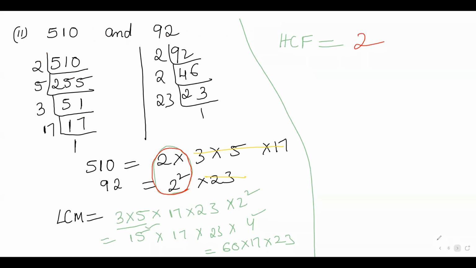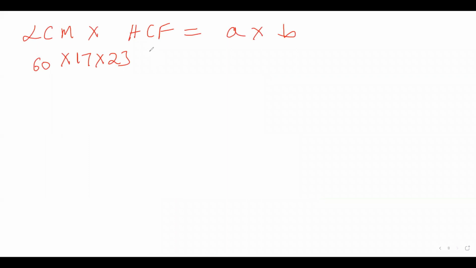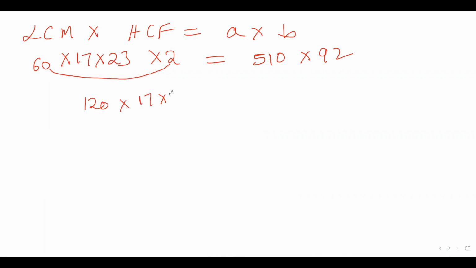And HCF is 2, numbers are 5, 10 and 92. So I can write 2 into 60 as 120. 17 and 23 are prime numbers. I will leave them.